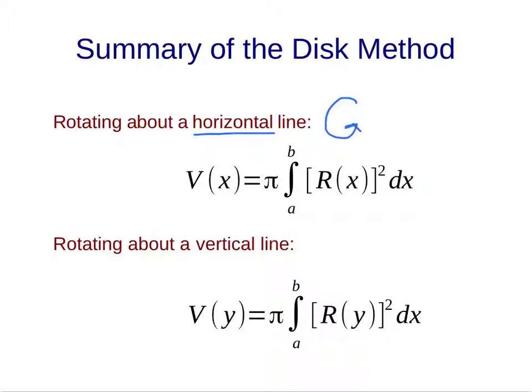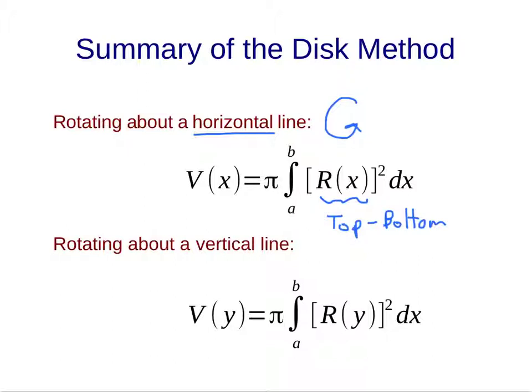Pi, notice I just factored the pi out there to make it easier. Pi times the integral from a to b of whatever your radius function is, squared. And since we're rotating around a horizontal line, to get our radius, it's always the top minus the bottom. And that is the distance from the axis of revolution to your curve, however that works out.